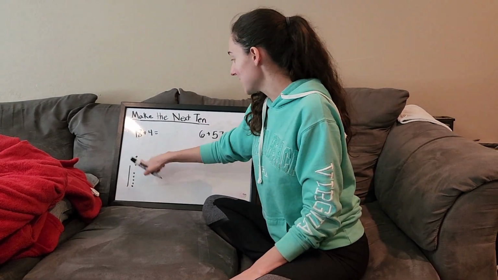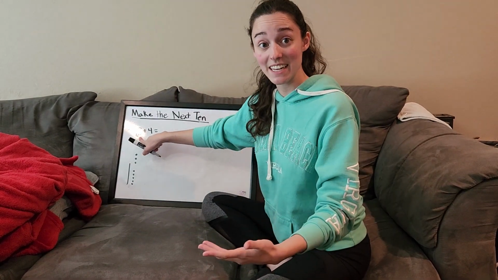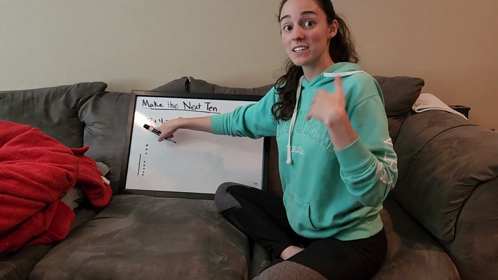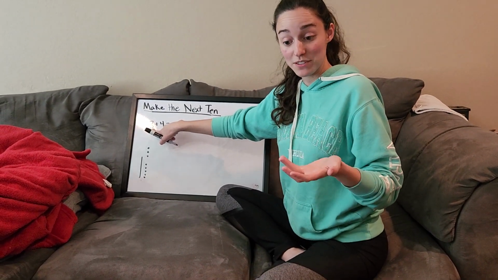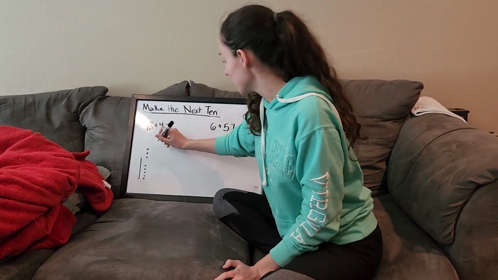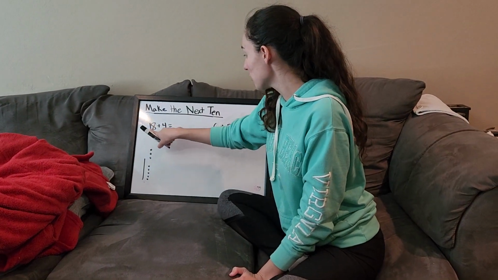So first things first, I need to decide how much this needs to get to that next 10. Well, if I look at my 1s, I have 8. The friend that makes our 10, our friend of 10, is 8 plus 2 will give me my next 10. So I'm going to make a number bond here, and I'm going to take out the part that I need.